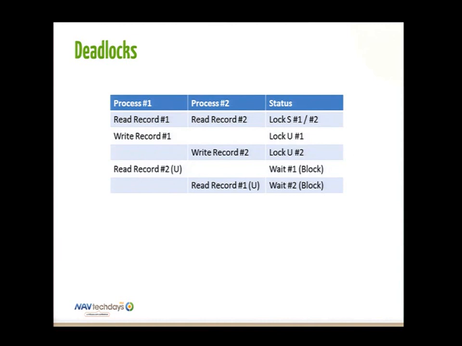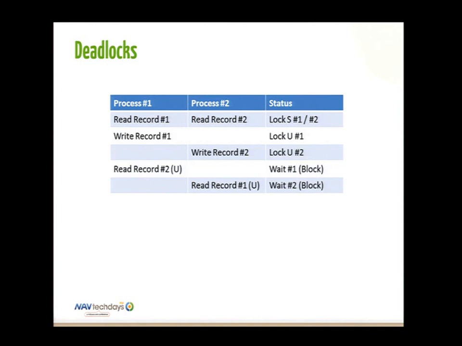Now the first one starts to change the sales header, doing whatever. The second one starts to change the purchase header. Still, everything cool, no problem here. Now, if the first process also wants to lock the purchase header of the second user, no way. We have a block, because it is already locked by process number 2.